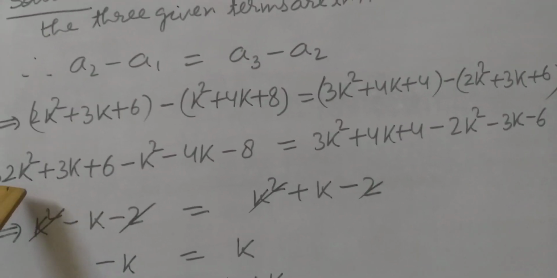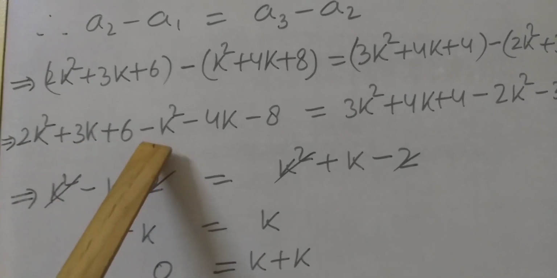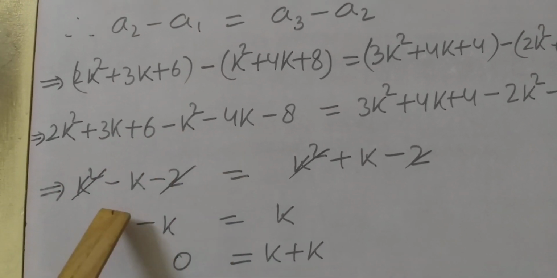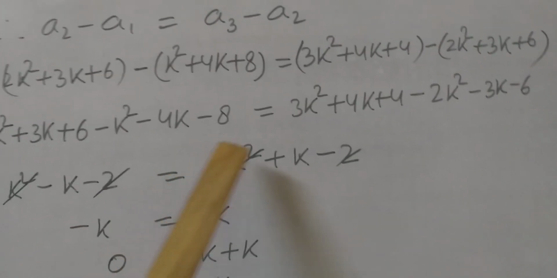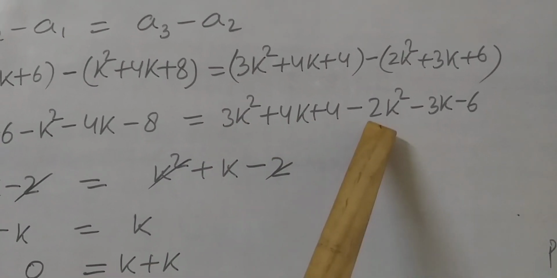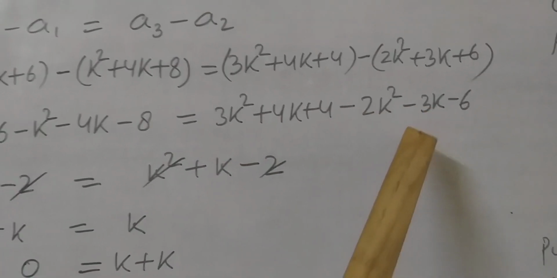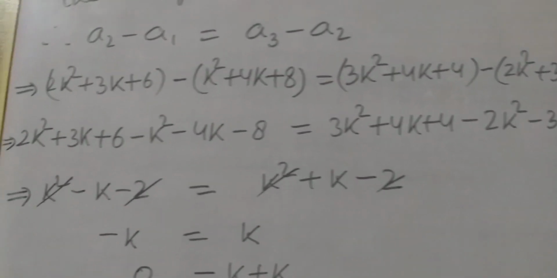Now, students, let us solve the like terms. 2k square minus k square plus 3k minus 4k minus k plus 6 minus 8 minus 2 equal to, this side also we have to solve like terms. 3k square minus 2k square plus k square, 4k minus 3k plus k plus 4 minus 6 minus 2.